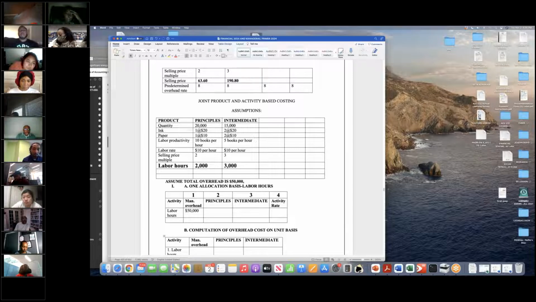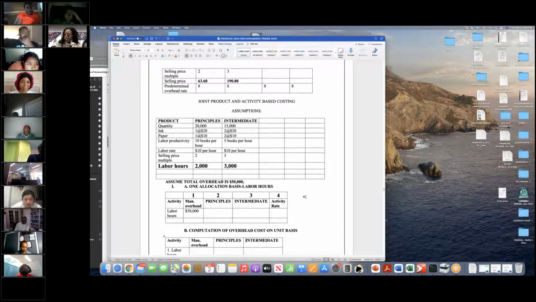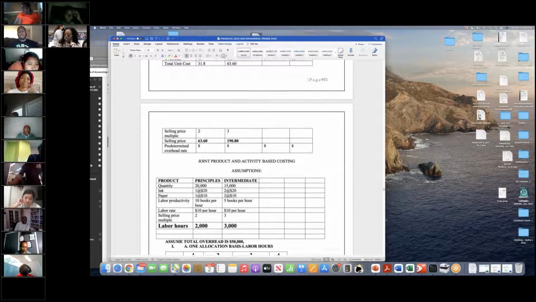So we're working on this box, calculating an activity rate. What do you think will go in this box right here? Or do we still have to make one? Do you have this template on Blackboard? It just makes it easier.